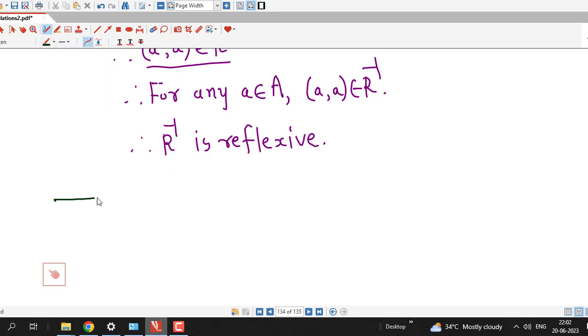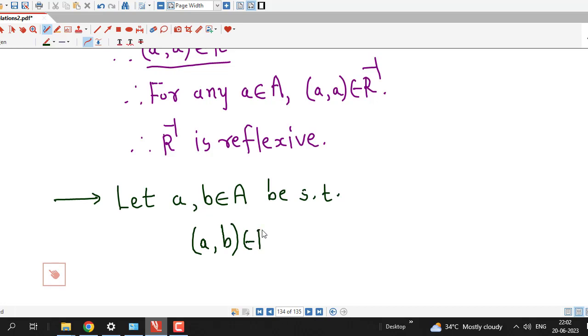Now for the second property, we have to show that for two arbitrary elements A, B belonging to capital A, suppose the ordered pair (A, B) is in R inverse.